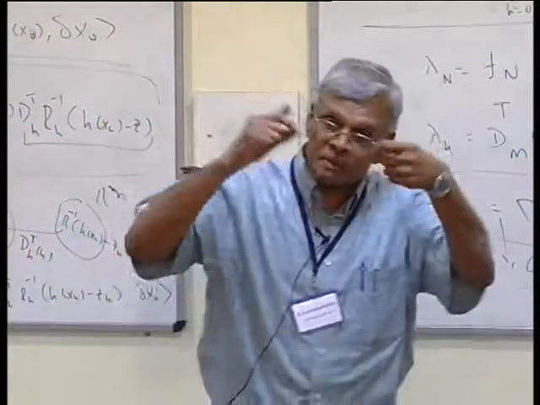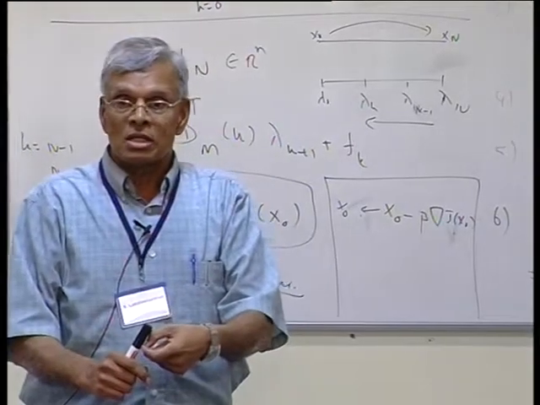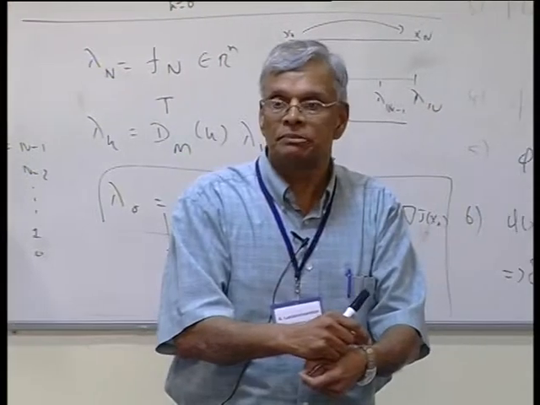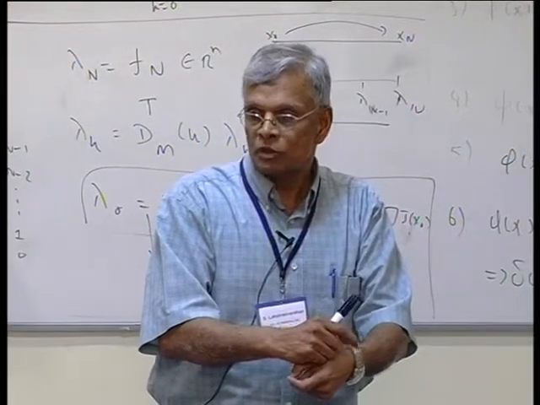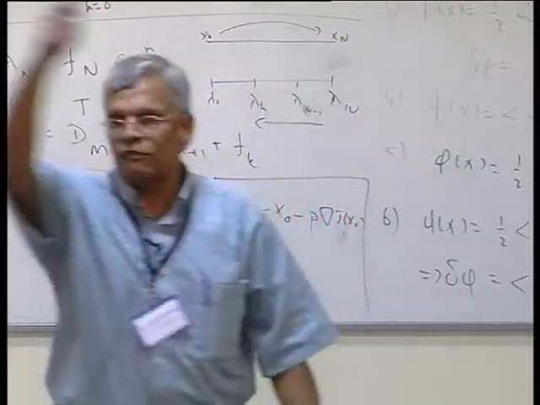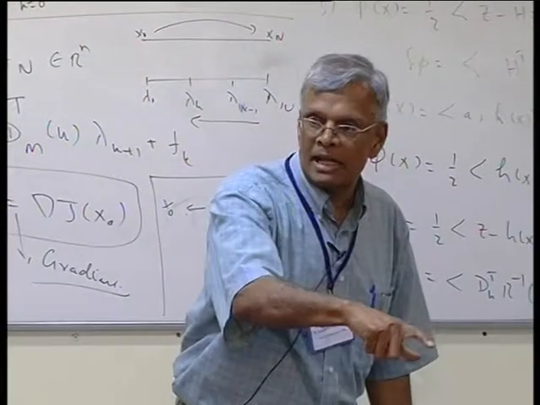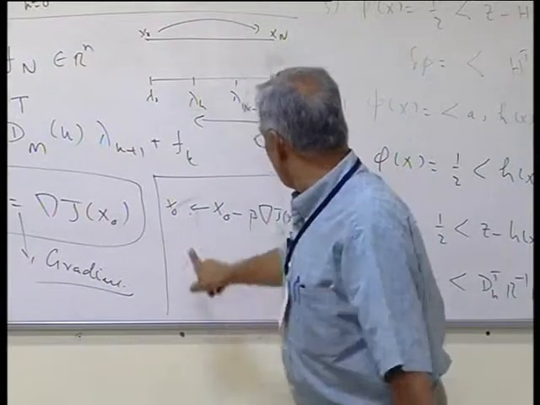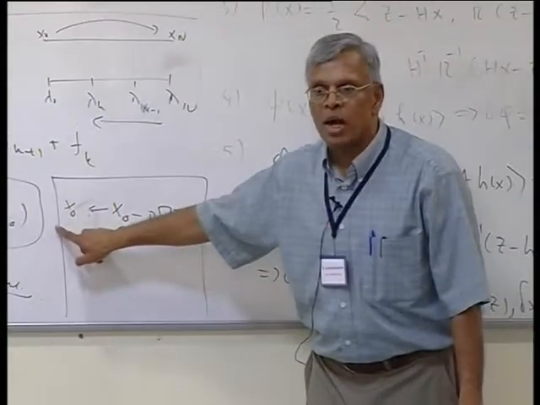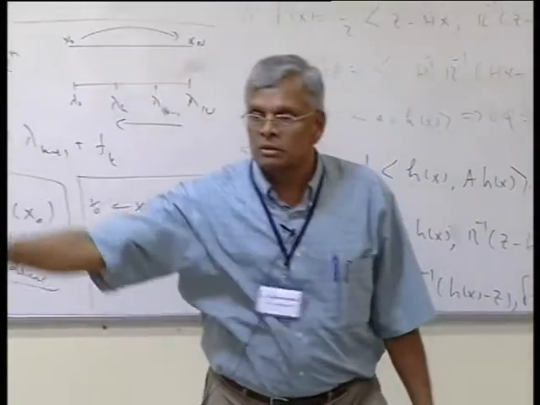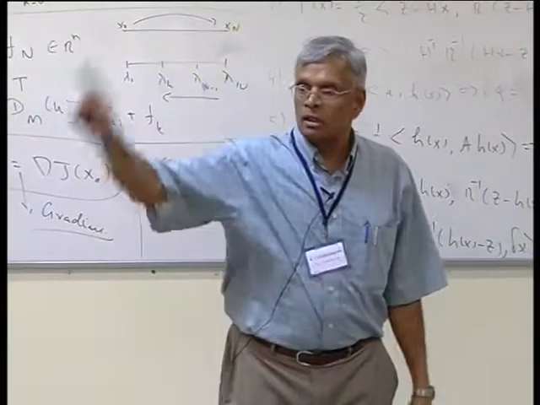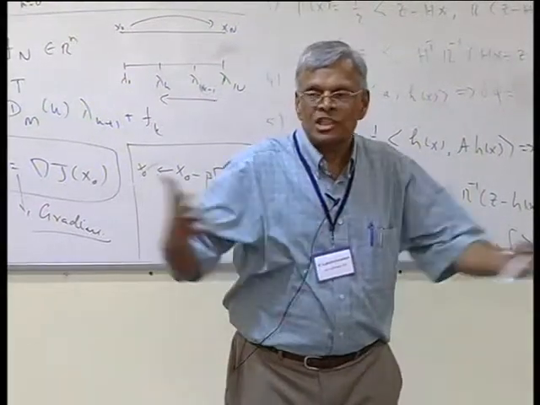You have to use it in an optimization procedure to be able to go towards the minimum. Okay? So it's a two-part thing. Run the model forward, run the adjoint backward, get the gradient, update the initial condition. So I started with the old one, I get to the new one. Run the model, keep looping, and that's 4D-Var.